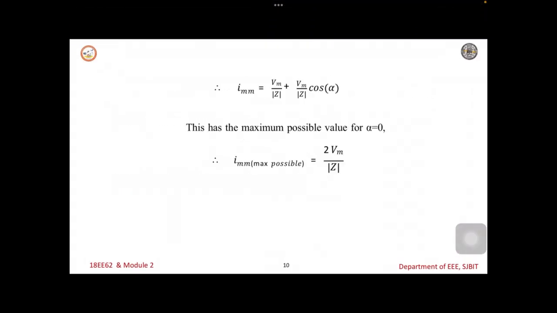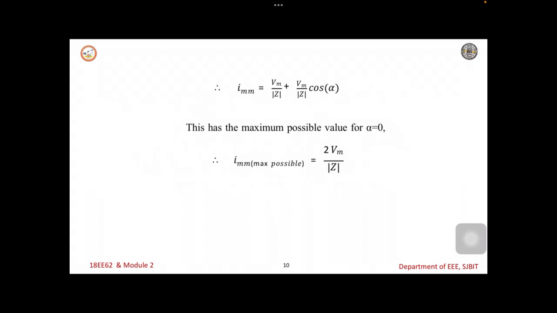Now, let us plot V and I versus time. In this waveform, as you are observing, we have the voltage and steady state current under short circuit conditions.